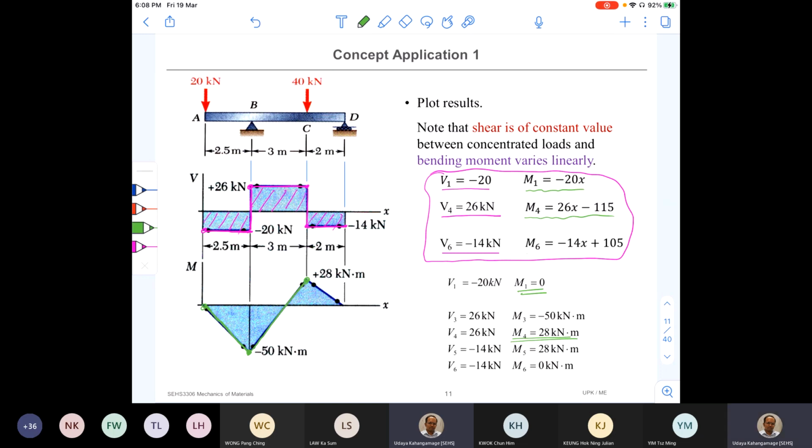And from C to D, this is the equation. So when x is equal to 2.5 plus 3, 5.5, you substitute the number, you find that again the same point. Okay.